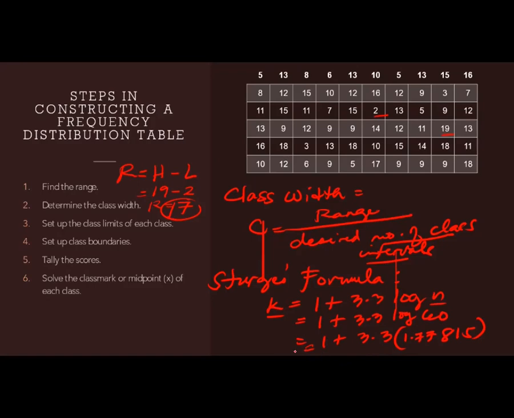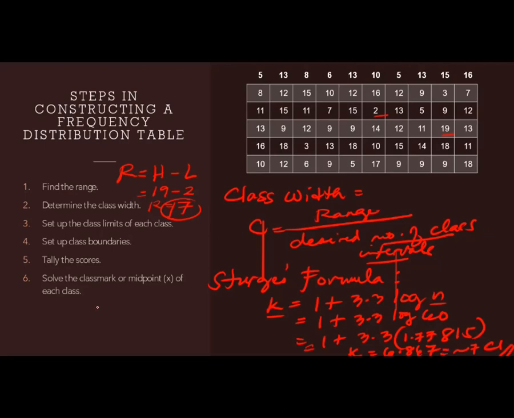So if we simplify 1 plus 3.3 times 1.77815, our K here is 6.867. If we round it up to the nearest whole number, then we have 7 as our number of class intervals.